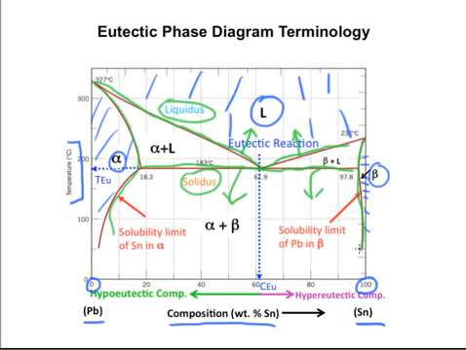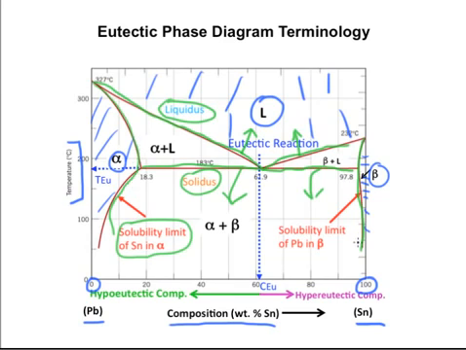Now this line on the left is the solubility limit of tin in alpha, meaning that if we started here and added even just a little bit more tin, we'd be in a two-phase region, and depending on the temperature, we would either be in the alpha plus liquid region if it was at a higher temperature, or at the alpha plus beta region if it was at a lower temperature.